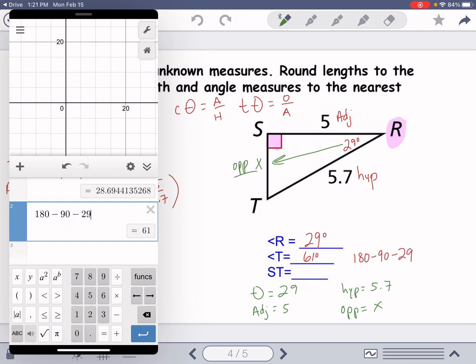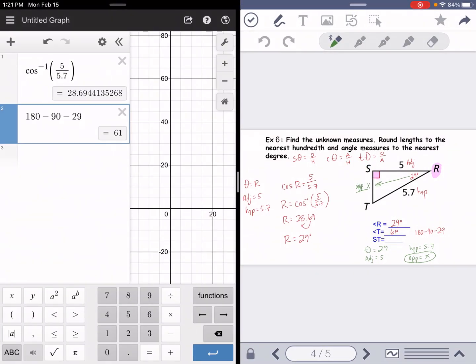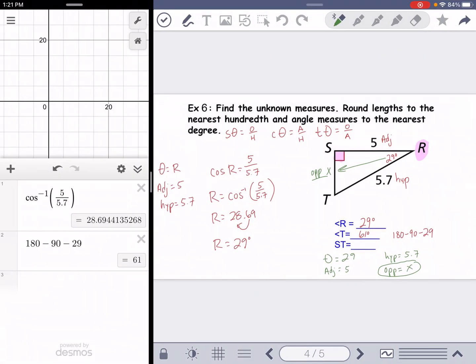Because I have so much more information, I can pick which of these trig functions I want to use, as long as the opposite is in there, because that's the piece that I'm missing. I could use the tangent function or the sine function.